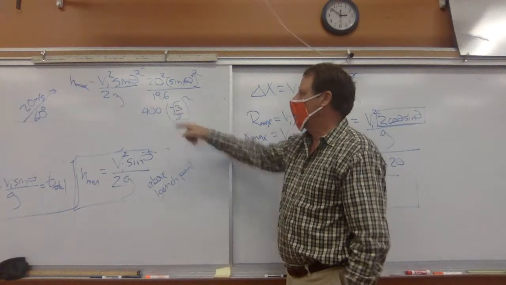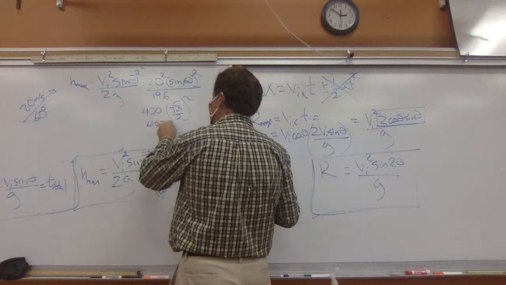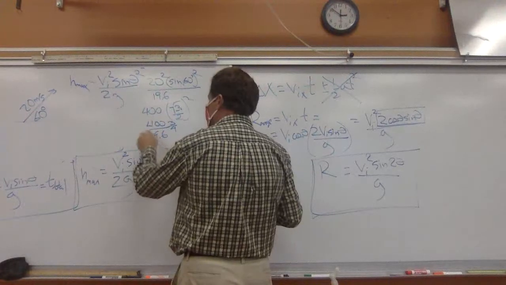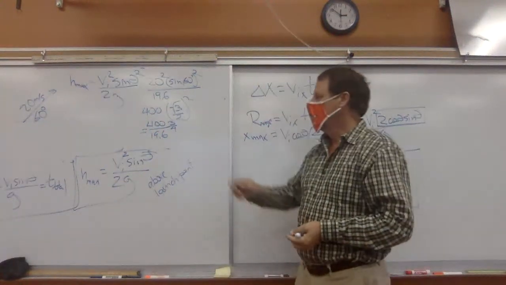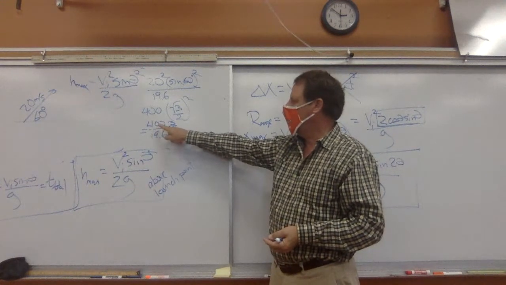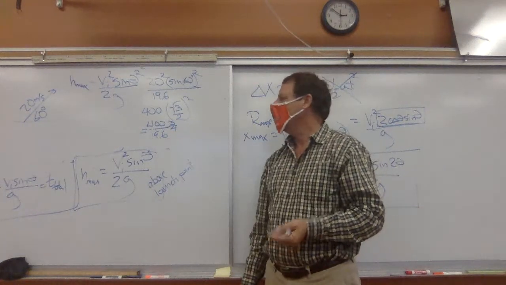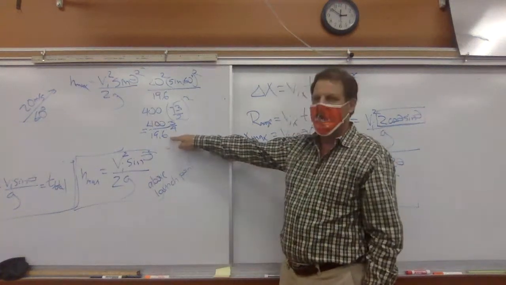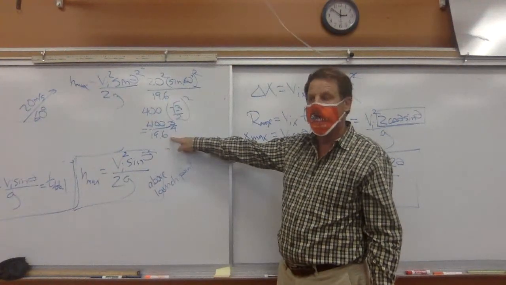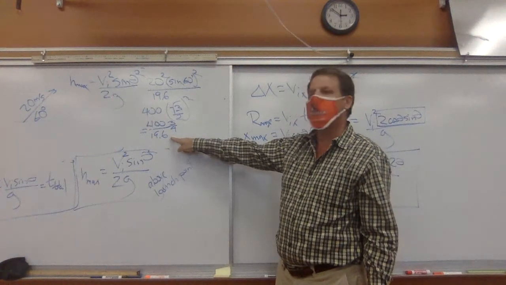So now we're going to say 400 times 3/4 divided by 19.6. 400 divided by 4 is 100, and 100 times 3 is 300. 300 divided by 20 is about 15 meters.